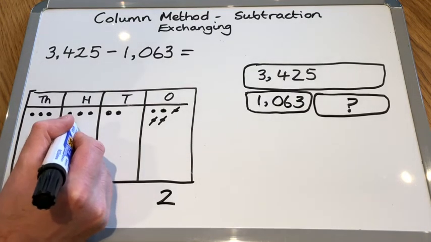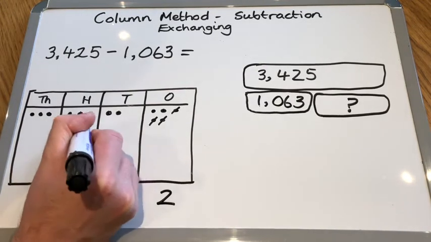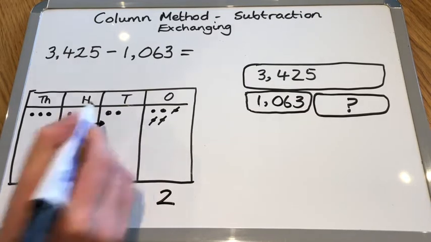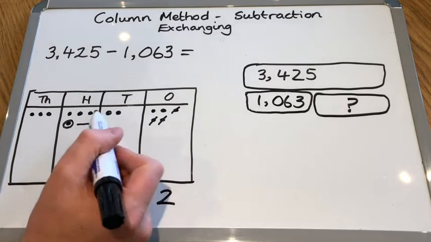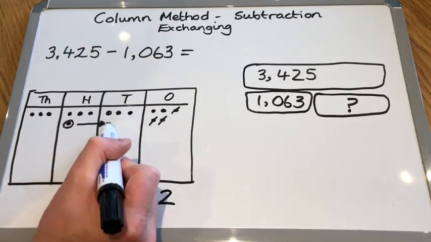So at the moment, that is a group of 100, and we're going to regroup it, exchange it for tens. Now we're going to get 10 tens because 10 times 10 is 100, or 100 divided by 10 is 10. So let's put our groups in here.